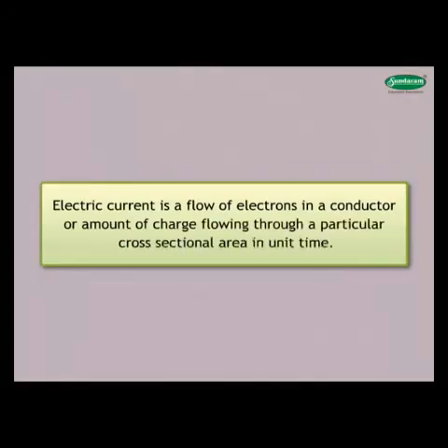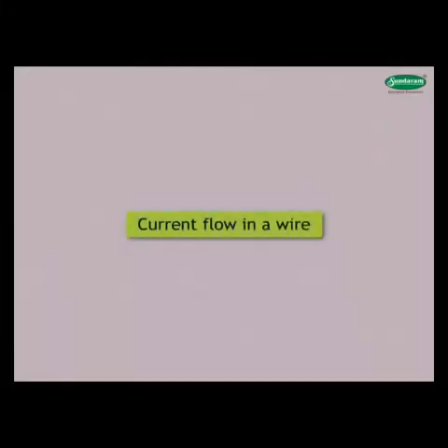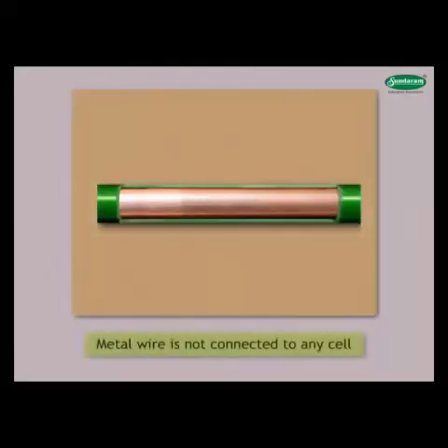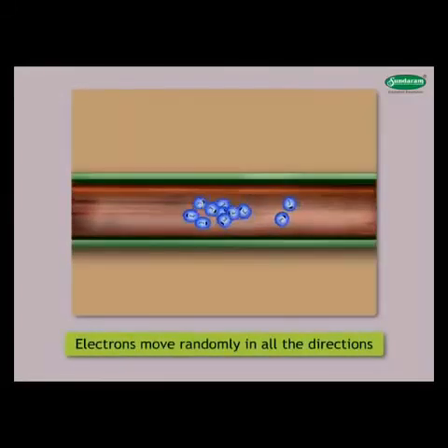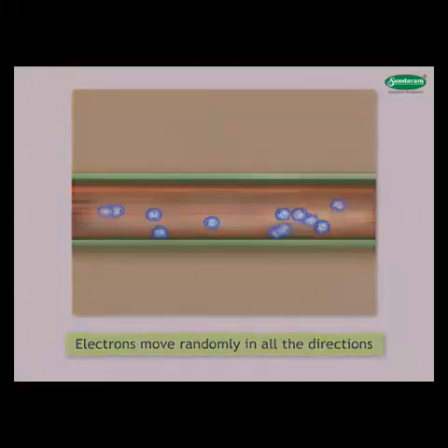Current flow in a wire. If the metal wire is not connected to any cell or a battery, then the electrons present in it move randomly in all the directions between the atoms of the metal wire.